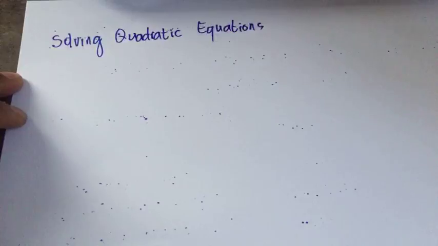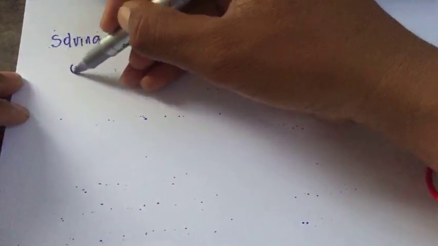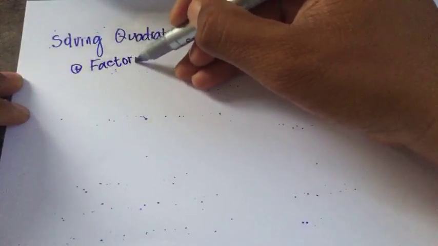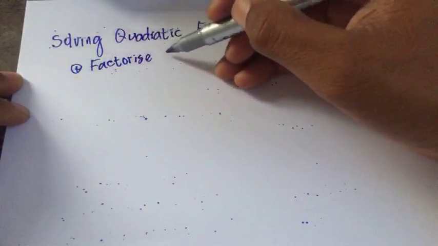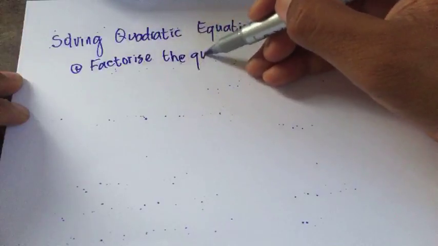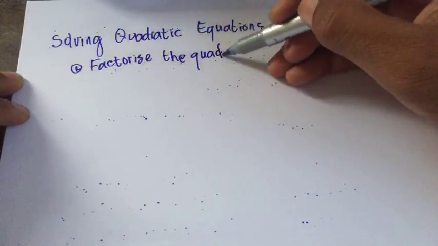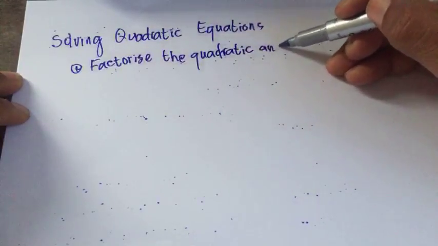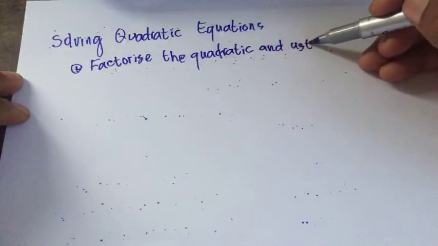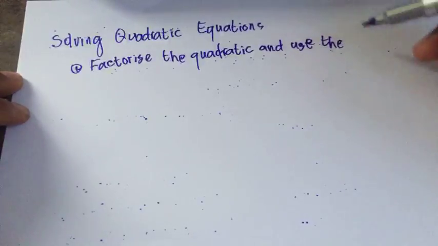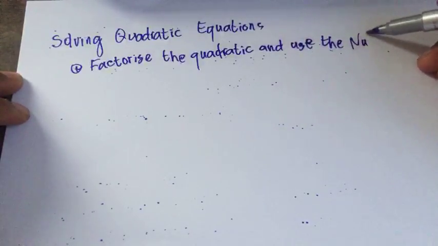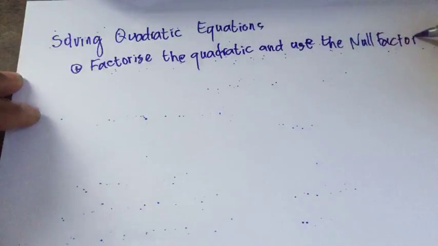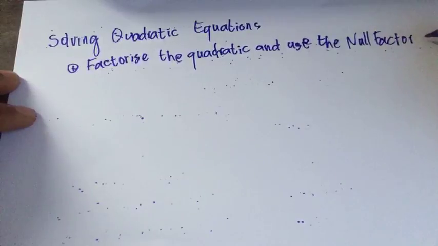We have 4 methods. First, factorize the quadratic and use the null factor law.